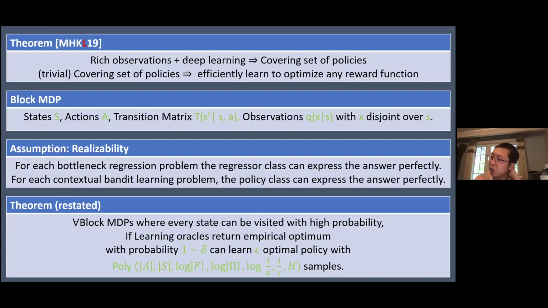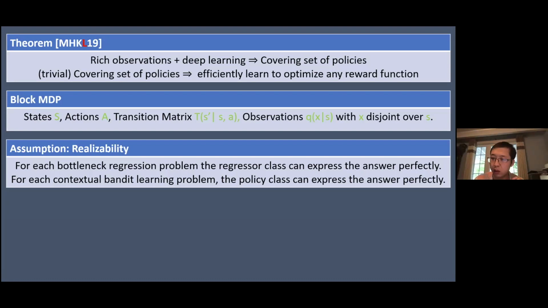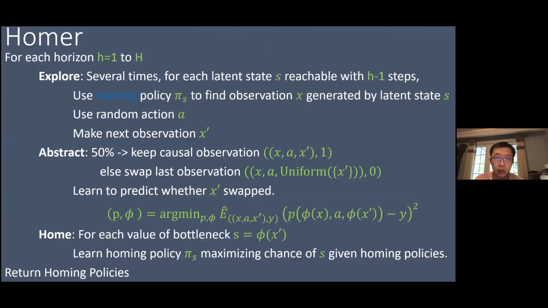So I guess there was just one question on what the 1 means in the algorithm, whether it's the reward. And no, this is not the reward here. This is a fictitious label that you create, which indicates that this is the causal sequence of X, A, and X prime. While the 0 here is just another label you create, which indicates that the X prime is not created from a causal process.